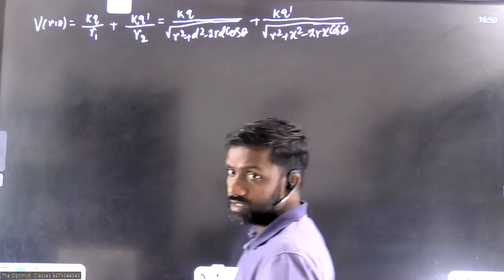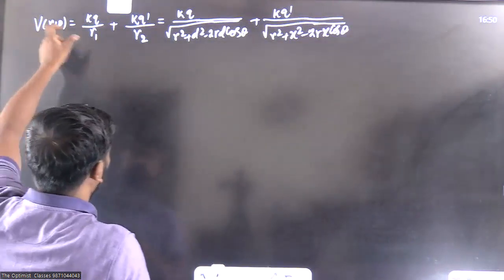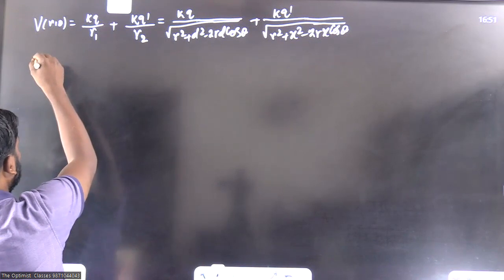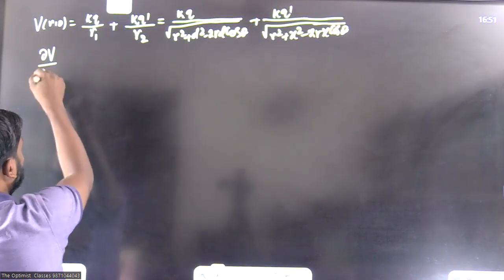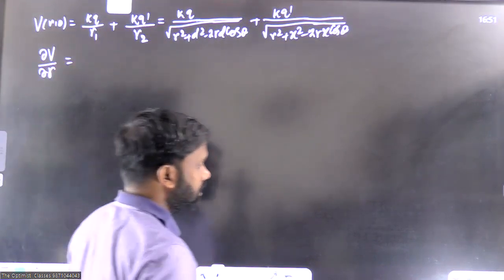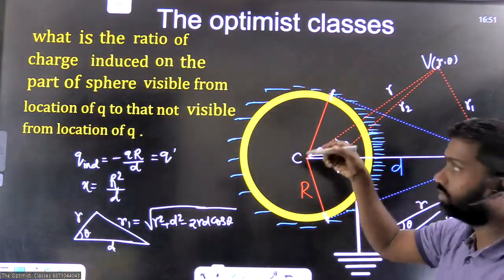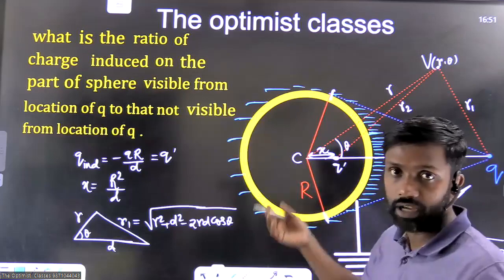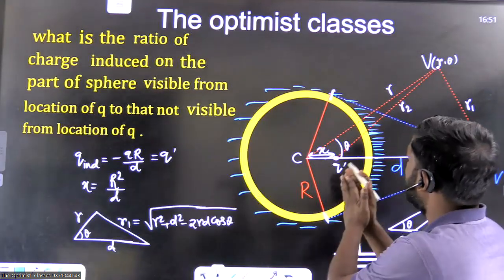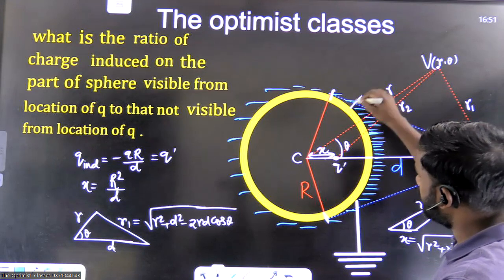Now, to calculate the electric field, we need to differentiate this, so we are going to differentiate it with respect to r. There is a reason. We know that near the surface of a conductor, the electric field is sigma by epsilon naught, and it is exactly perpendicular.